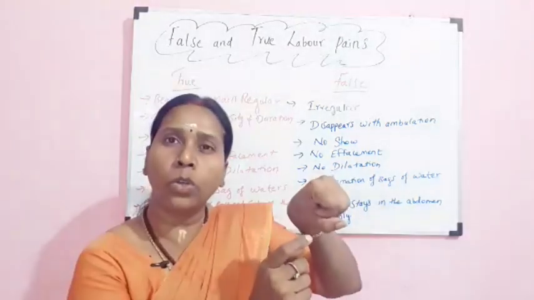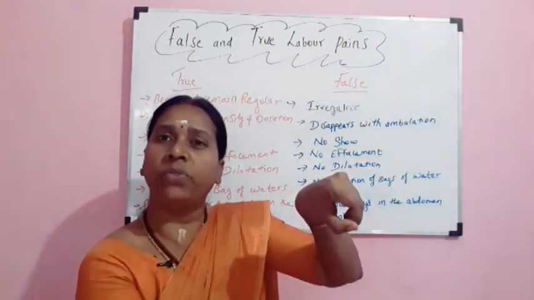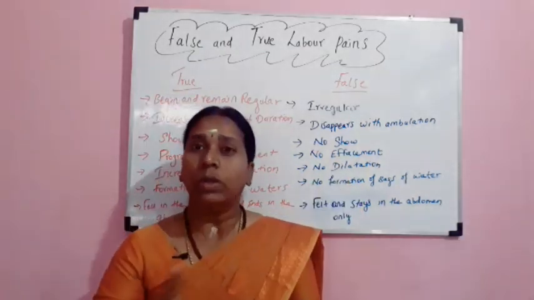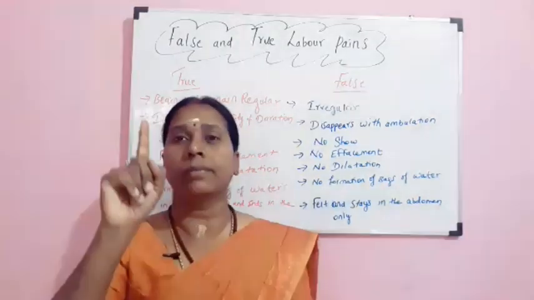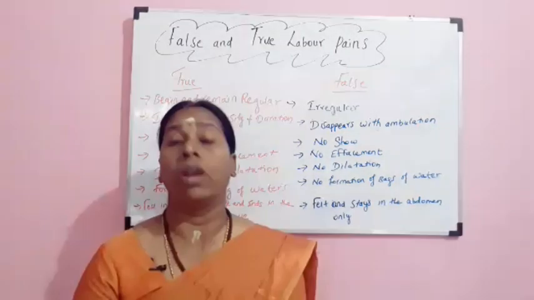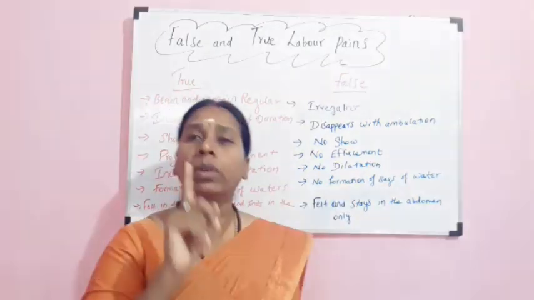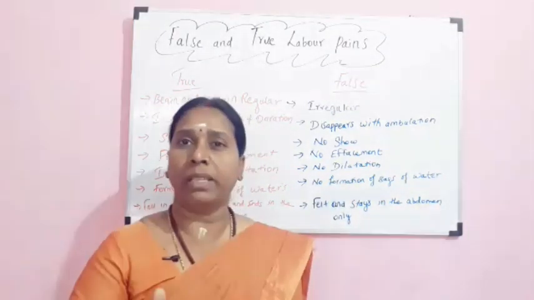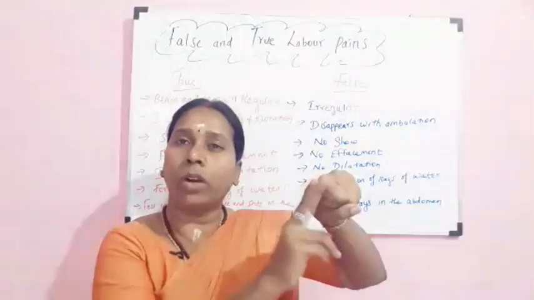It will slowly open up like this and allow the fetus to come out. This dilatation happens only if the pain is true labor pain, when the woman is going for delivery. Otherwise the cervix will not open. Only false contraction will be there, but the cervix will remain sealed, with no opening.